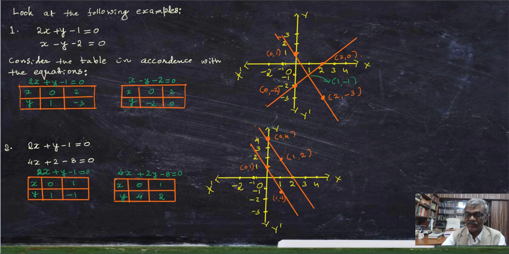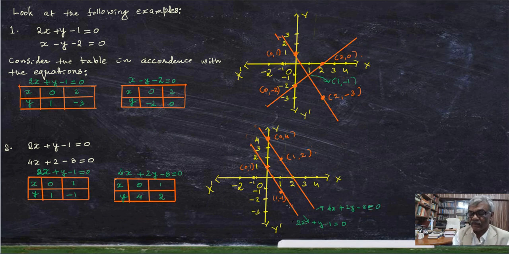Here you can see the first one, 2x + y - 1 = 0, and the second one, 4x + 2y - 8 = 0.